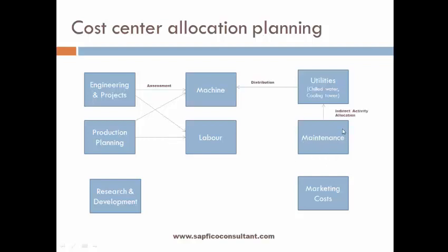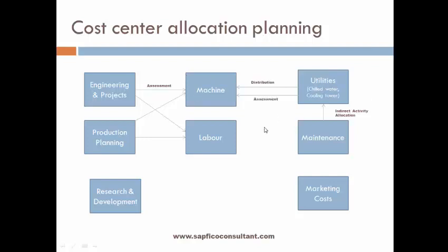Maintenance are rendering cost or giving services to utilities, and here it is difficult for maintenance to allocate cost to various utilities cost centers, so they are using indirect activity allocation. Now again, what will happen is utilities we have already allocated to machine through distribution.